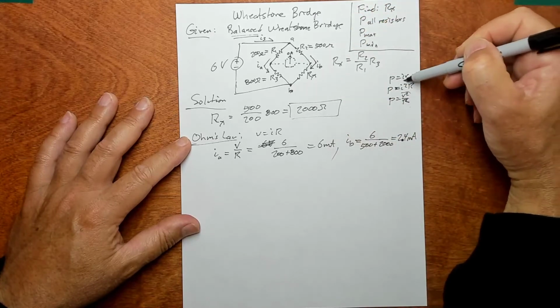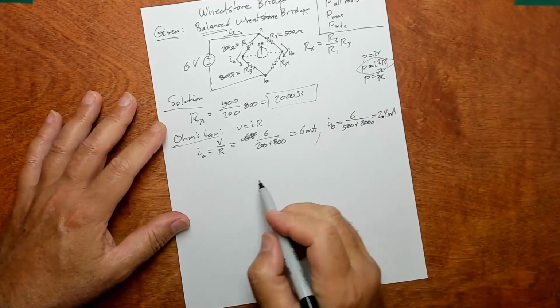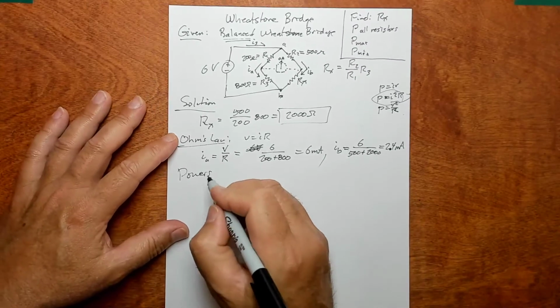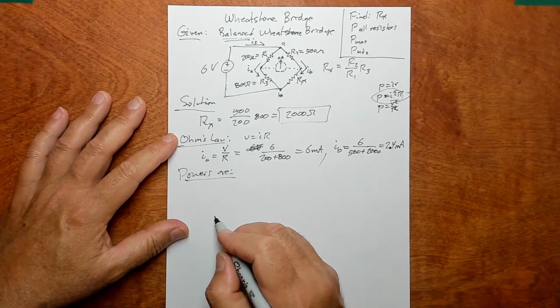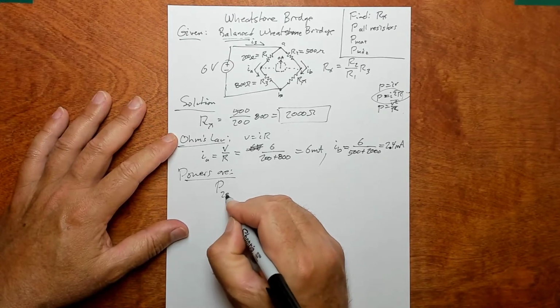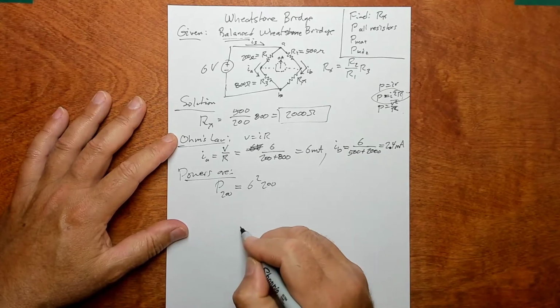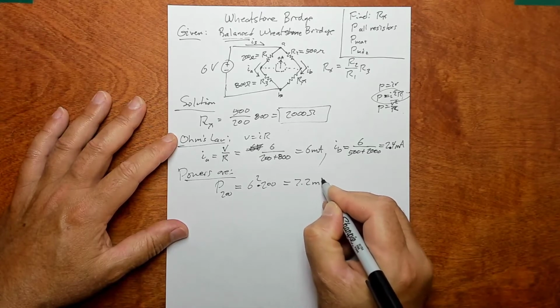We can use this formula right here twice. So the power in the 200 is the current in the 200 squared times 200. That works out to be 7.2 milliwatts.